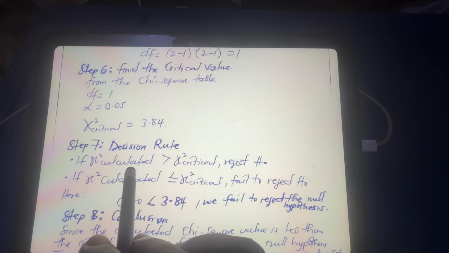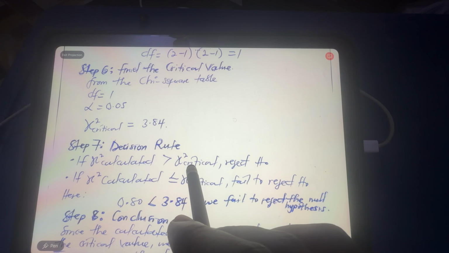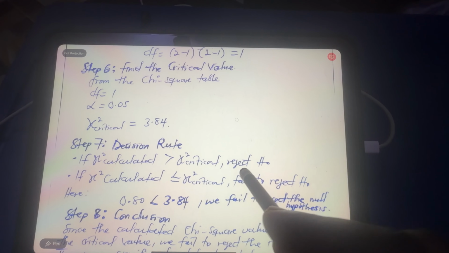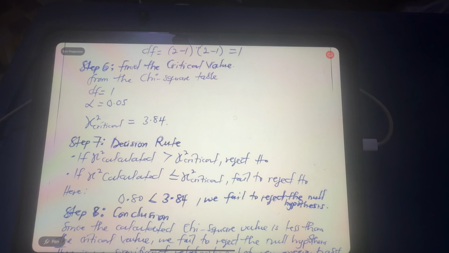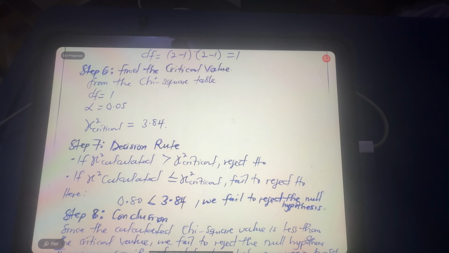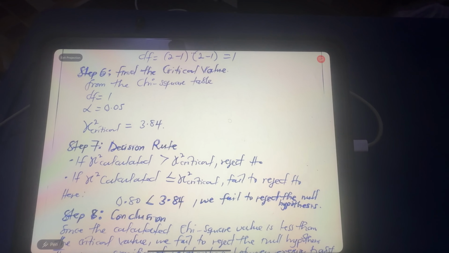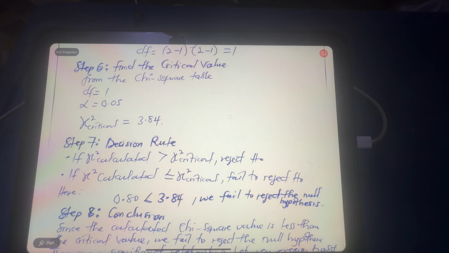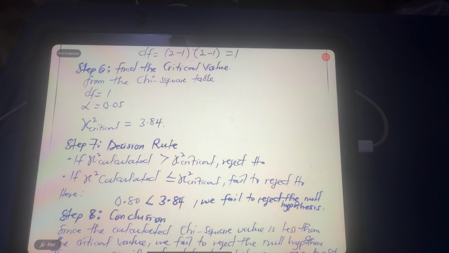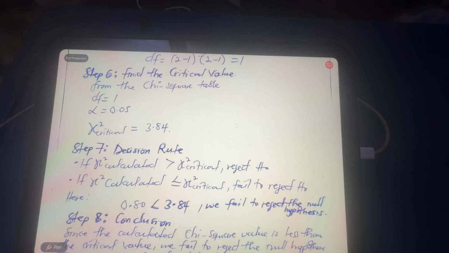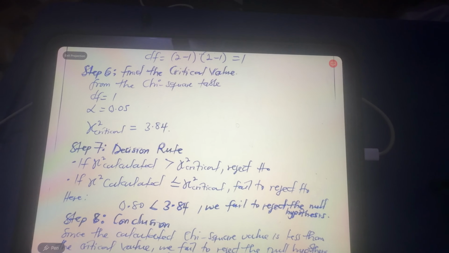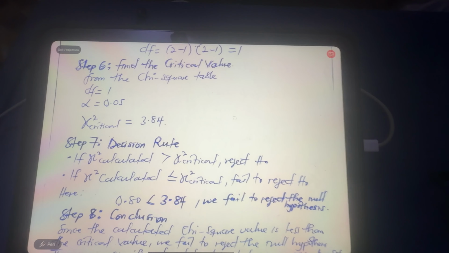If the calculated R squared is greater than the critical value, reject the null hypothesis. Now, listen, rejecting the null hypothesis is more like accepting the alternative hypothesis. But in statistics, we do not want you to say that you've accepted the alternative hypothesis. We don't write that statement.